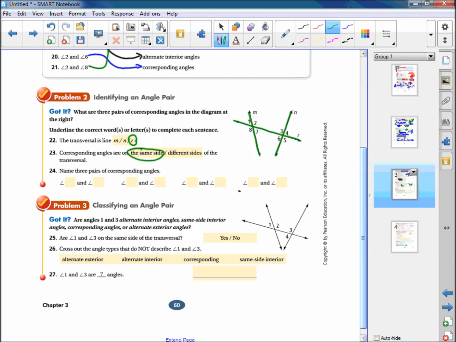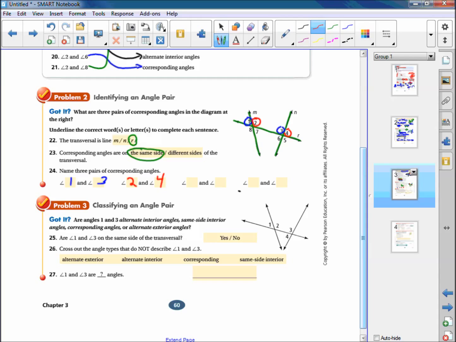So let's name the 3 pairs of corresponding angles. There's actually 4 pairs here. All right, so our first one would be the top left one with this top left one. So angle 1 and angle 3. Okay, and then our second pair would be top right with this top right. So 2 and 4.